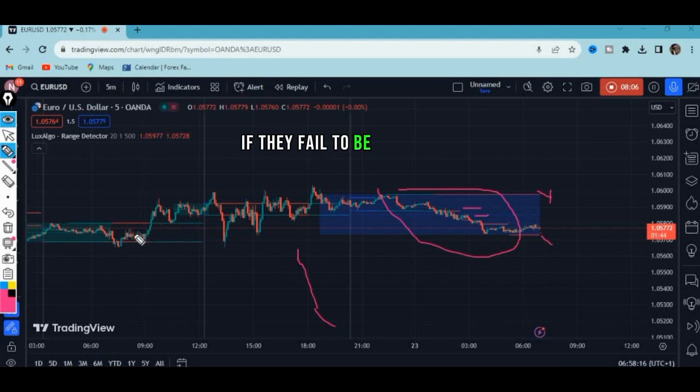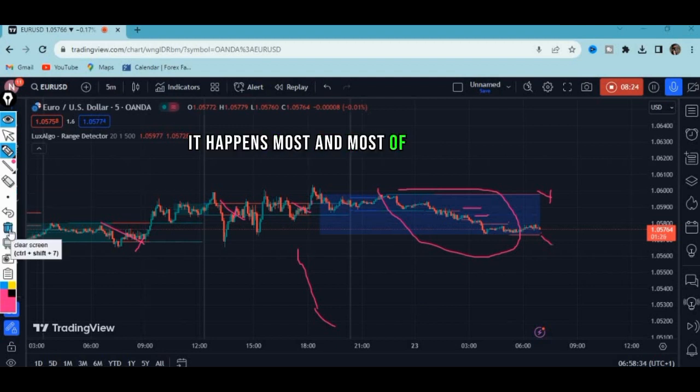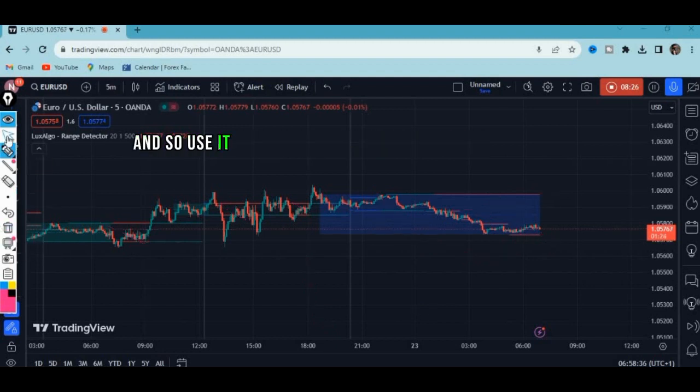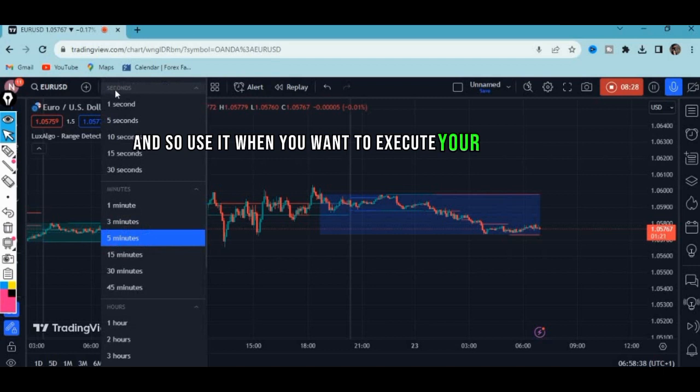If they fail to be broken, like in this case over here, this is a consolidation you should not trade, until there is a breakout and it becomes a trending market. Okay, so guys, this is another phase of trading forex, it happens most of the time, and so use it when you want to execute your trades.